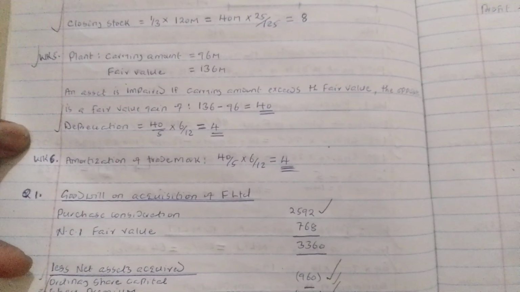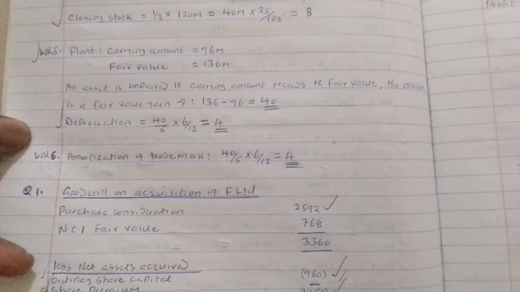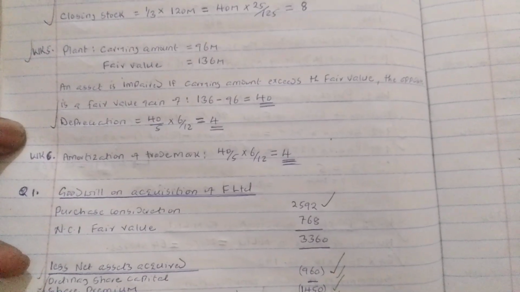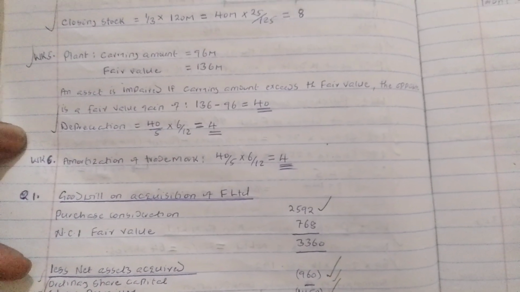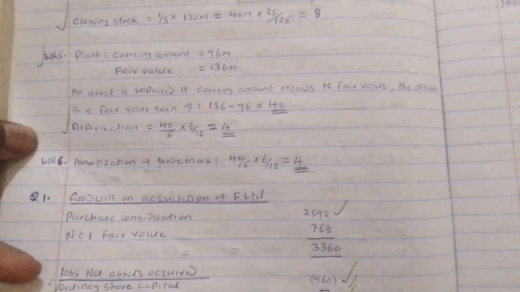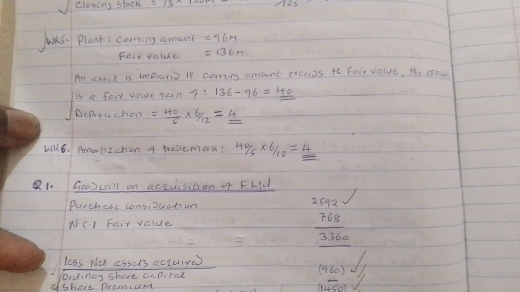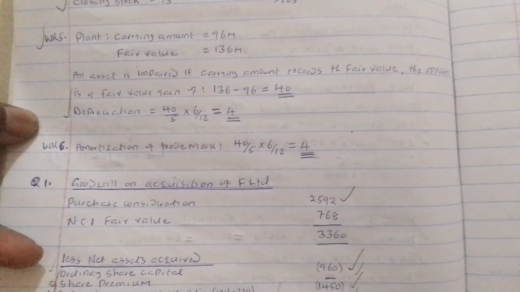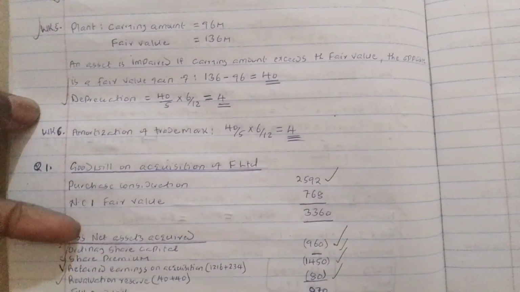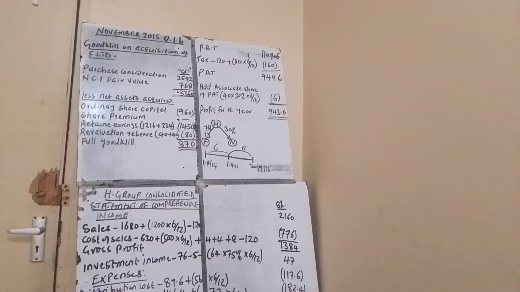So 40 over 5 is 8. Then you multiply by 6 over 12, because we are interested in those 6 months for which this business has been acquired. So the depreciation for those 6 months, as you can see, is 4. Okay, you see where you use the 4 when consolidating the statement of financial position.